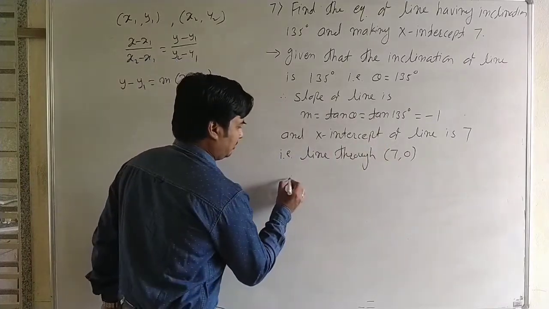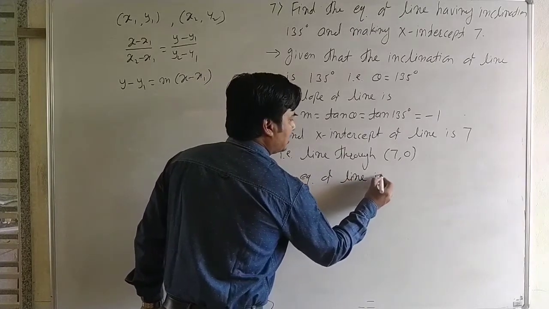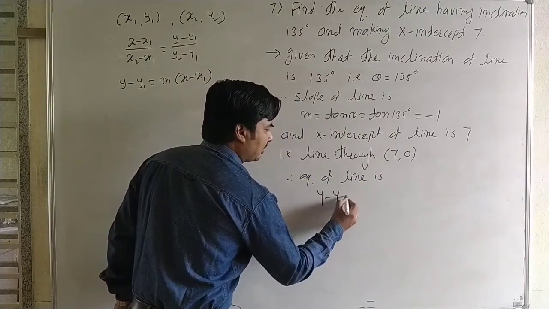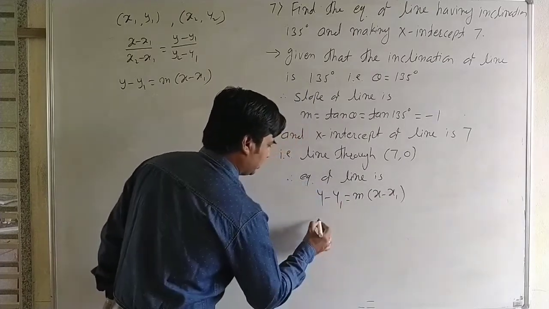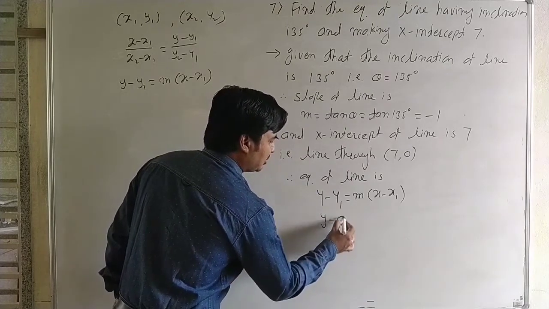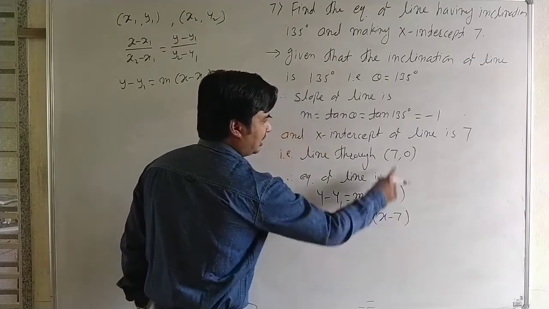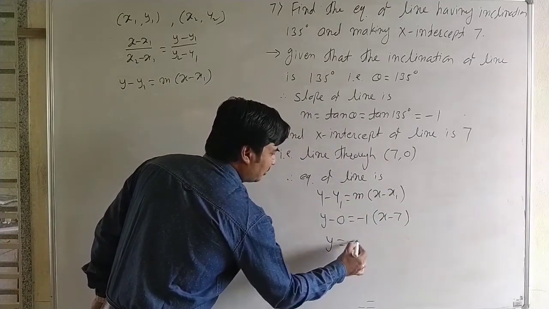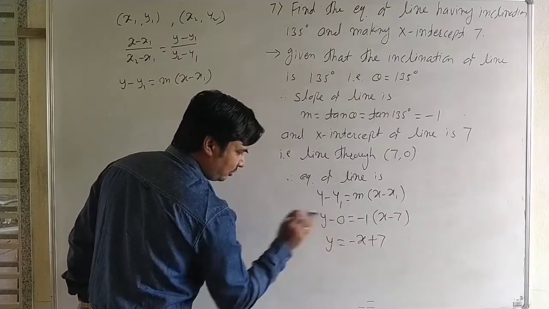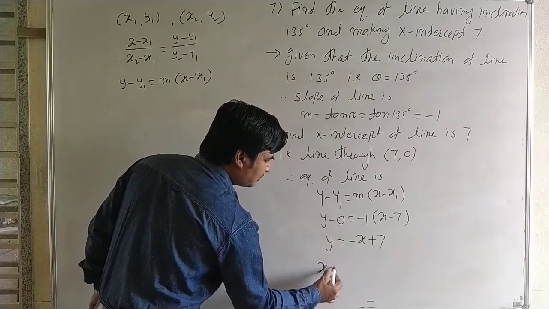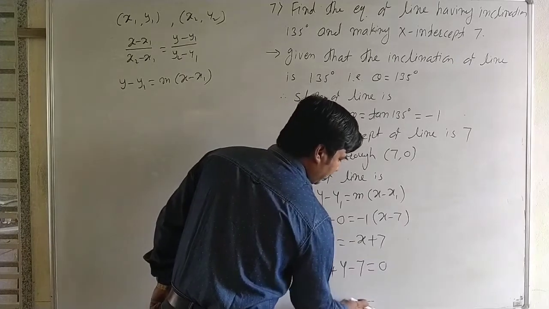Therefore equation of line is y minus y1 is equal to m into (x minus x1), and therefore you can write y minus 0, m is minus 1, and x minus 7. Therefore y is equal to minus x plus 7, multiplying by the minus 1, then take minus x and 7 to this side. Therefore x plus y minus 7 is equal to 0 is the required equation of line.